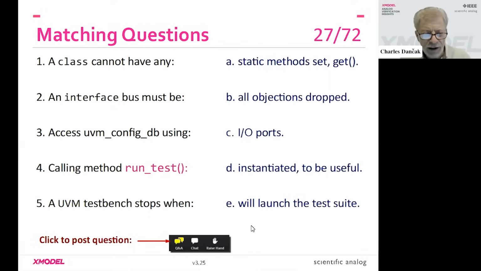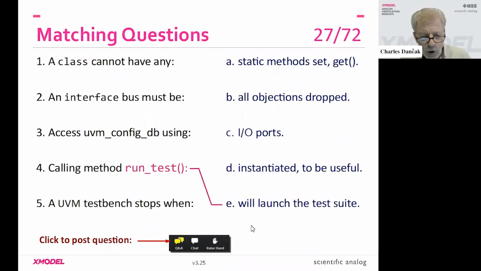So number 1, a class cannot have any I/O ports. Number 2, an interface bus to be much use at all has to be instantiated. And number 3, we access the decentralized ConfigDB using 2 static methods, set and get.